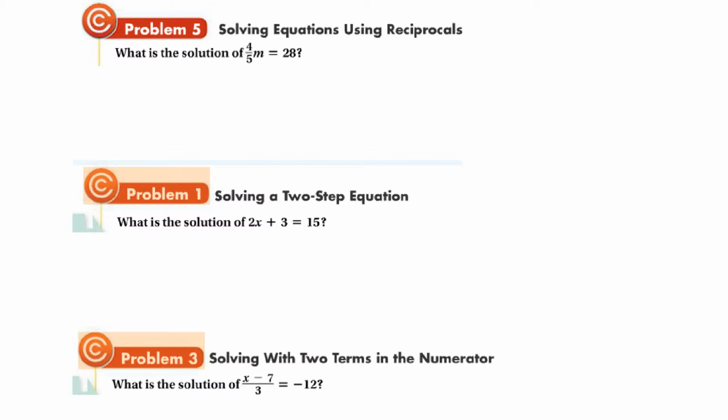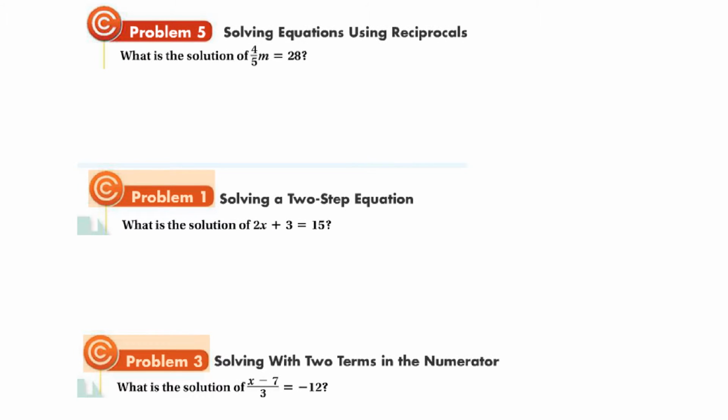Our next problem involves solving an equation by multiplying by the reciprocal of a fraction. If we have a fraction multiplied by a variable, 4/5 times m equals 28, I can multiply both sides by the reciprocal of 4/5, which would be 5/4.